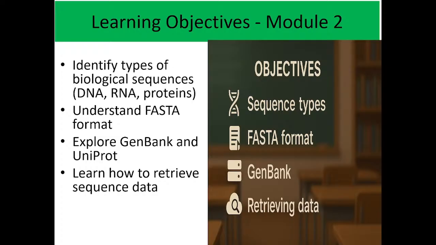Then you should know the format. In bioinformatics, the general data currency is FASTA. It's just like the way we have dollars for America and naira in Nigeria; the same way, we have a currency for bioinformatics.